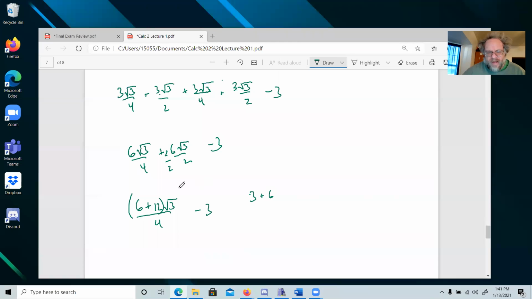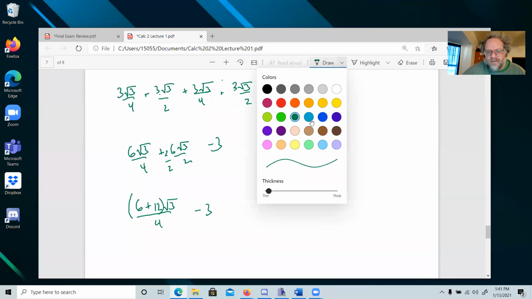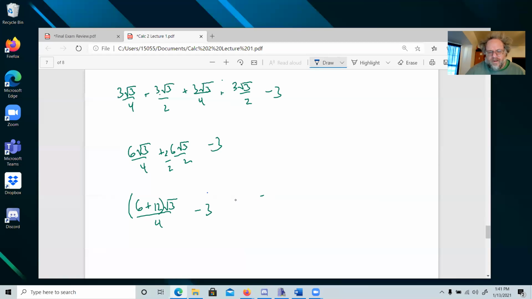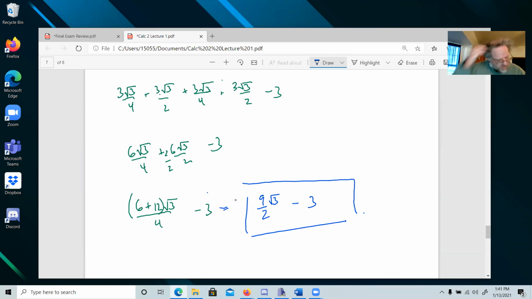So we have 18 divided by 4. That's 9 halves. So this whole thing is equal to 9 halves root 3 minus 3. And there we go with our values there.